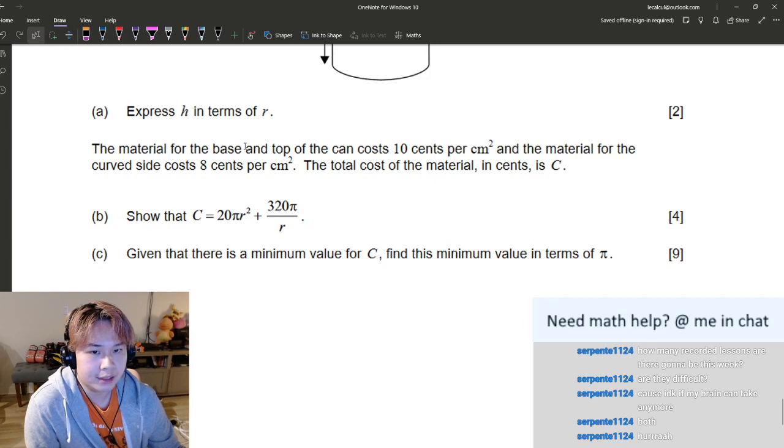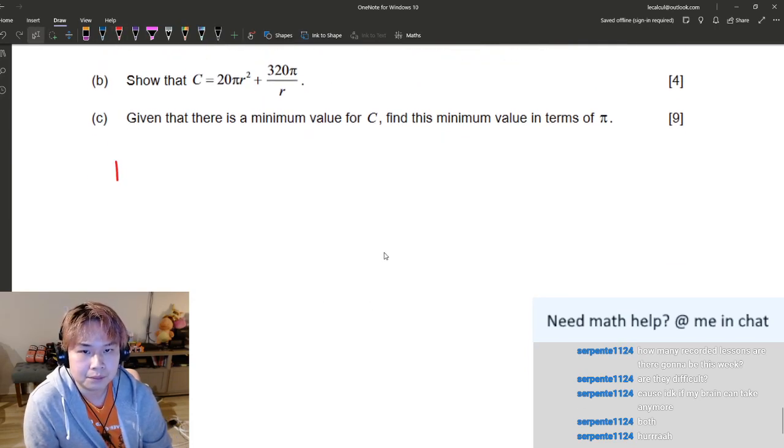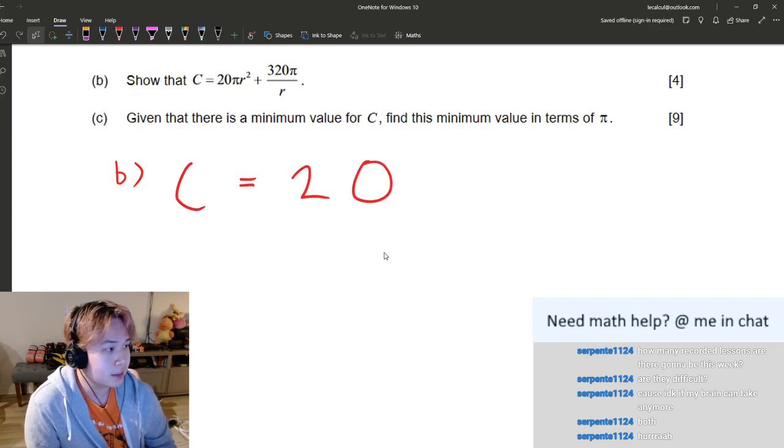And then the materials of the base, top, and bottom cost 10 cents, and then the wall represents this. The total cost of the material is in cents C, and then show that the total cost is this. Okay, so this is easy enough to do. So the cost is, again, equal to 2 of the circles, the cost of the circles, plus the cost of the wall.